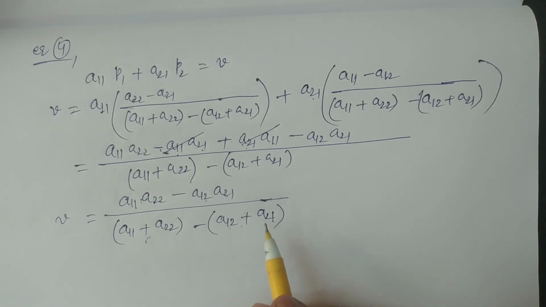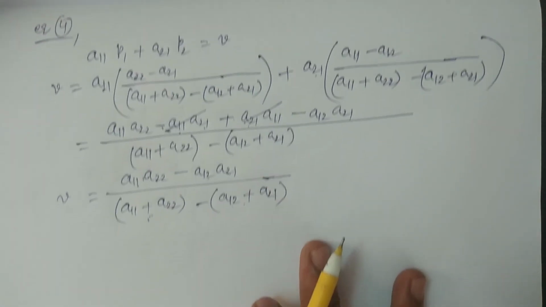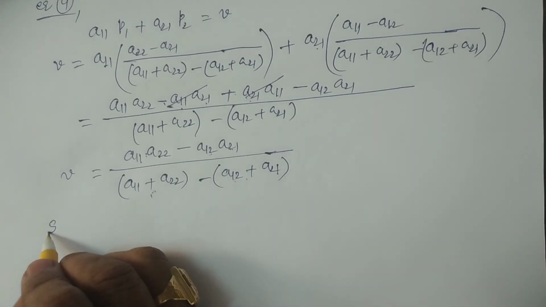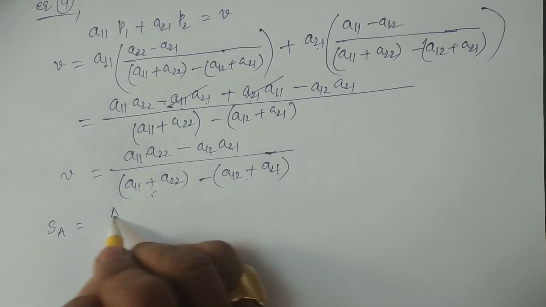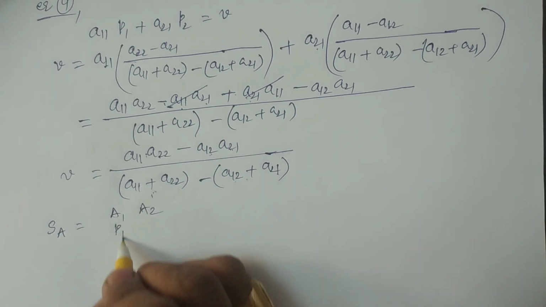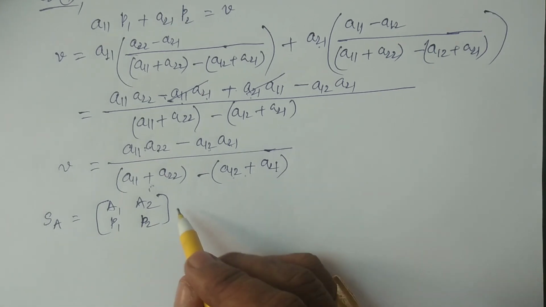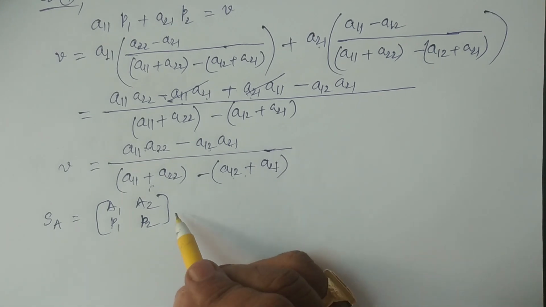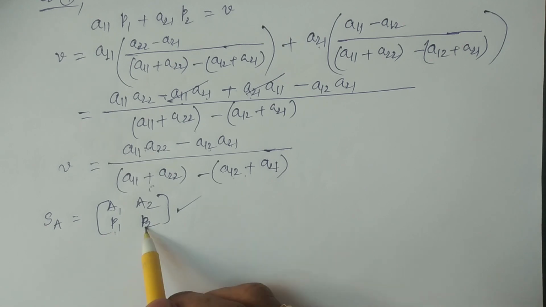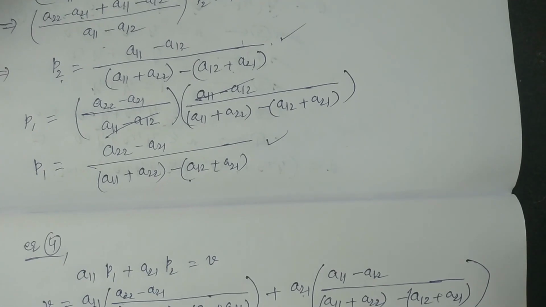And optimal strategies for player A are going to be considered as SA is equal to A1 A2 P1 P2, which are called optimal strategies. What are the values of P1 and P2? P1 we have already calculated.